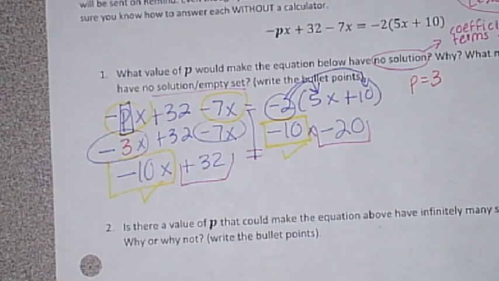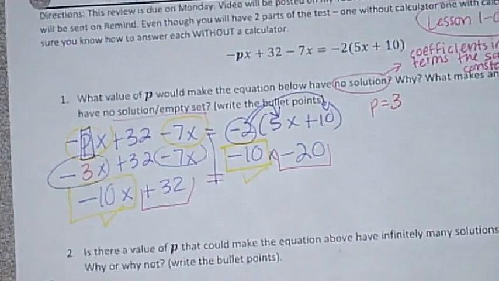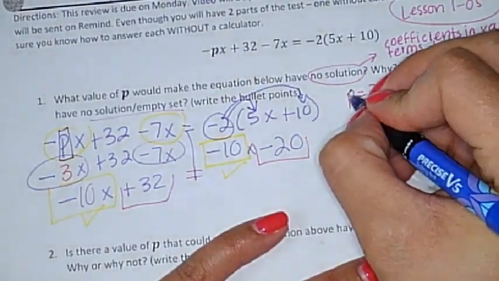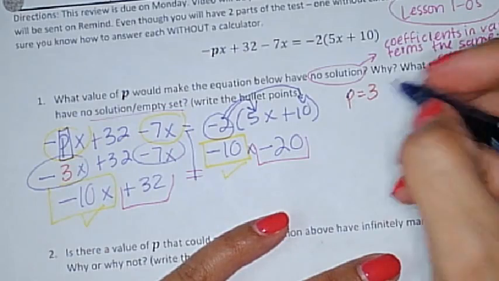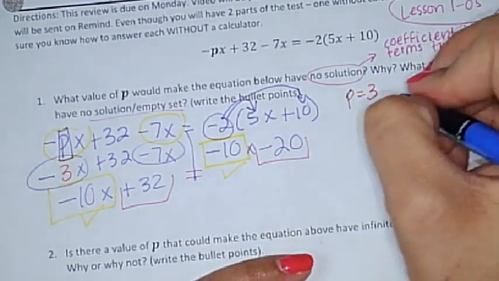So now I have to explain why and what makes an equation have no solution. Okay, so here I'll put when coefficients, so I choose first a value of P. P should be 3.